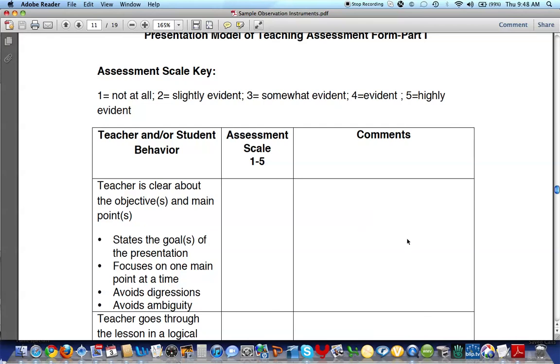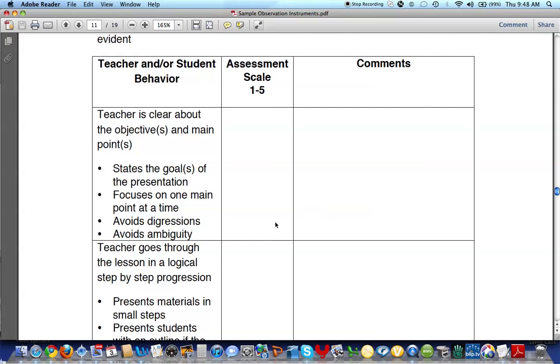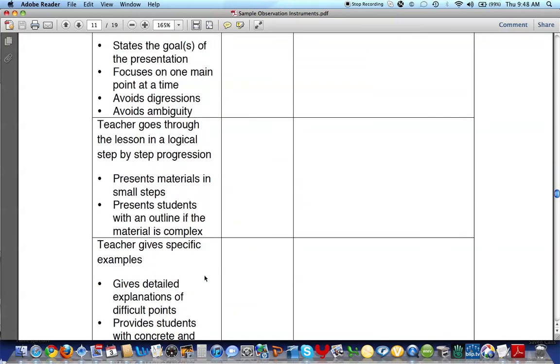Remember, you also will have a Word document so that you could make these boxes larger or smaller. So we simply went over and wrote down the various steps for the presentation model.